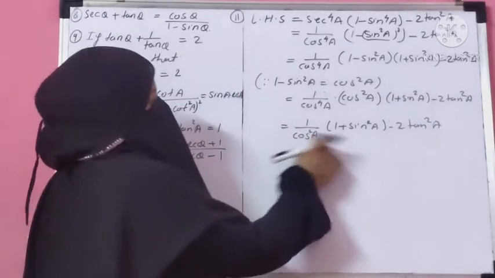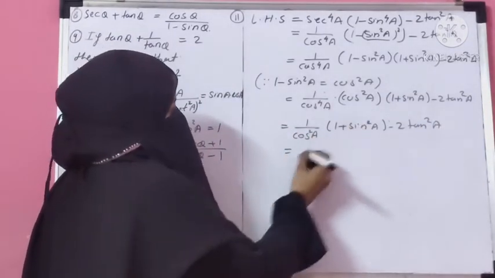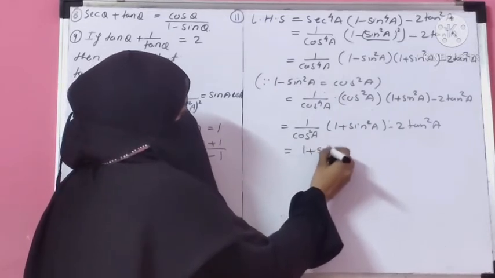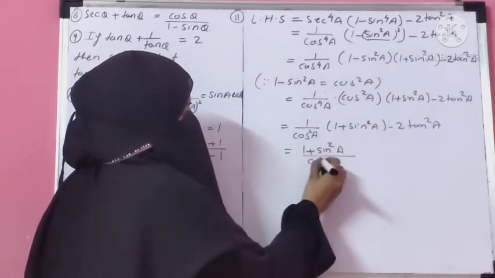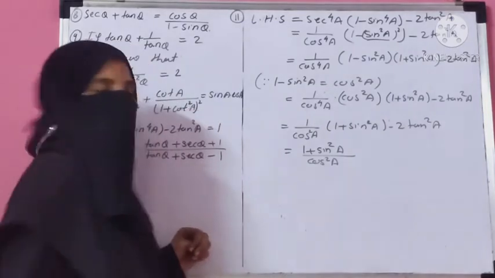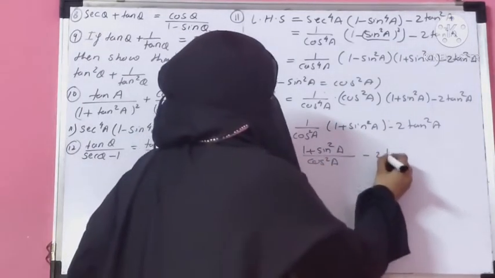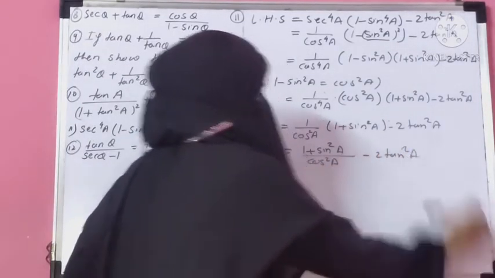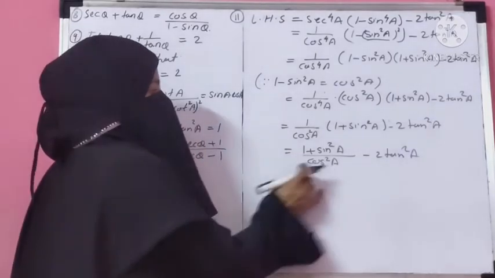Now multiply: 1 times 1 is 1, so we get 1 plus sin square A divided by cos square A, minus 2 tan square A. Now you can separate the denominator.